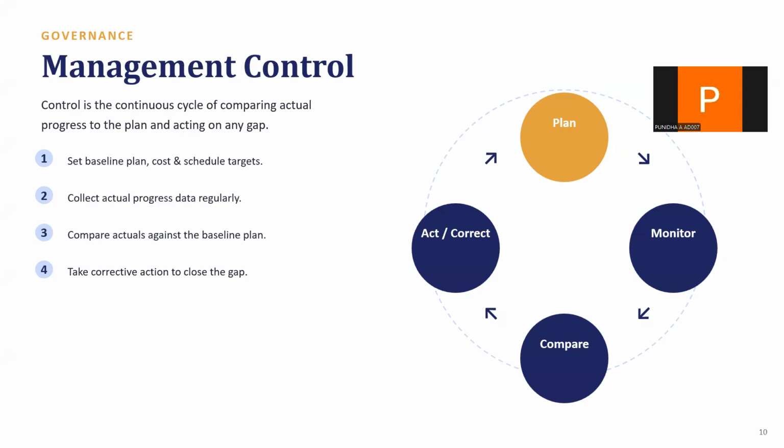Step three, compare: compare those actuals against your baseline plan. And step four, act or correct: take corrective action to close any gap. And then this loop goes back to monitoring again. Plan, monitor, compare, correct, and repeat. That loop runs continuously throughout the entire project.